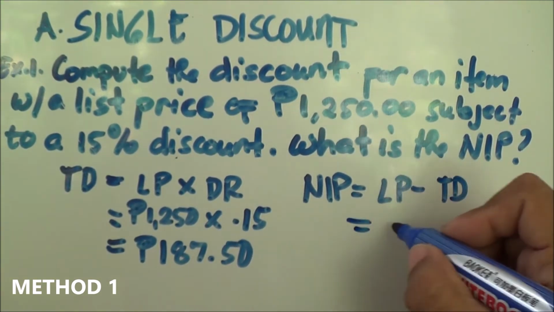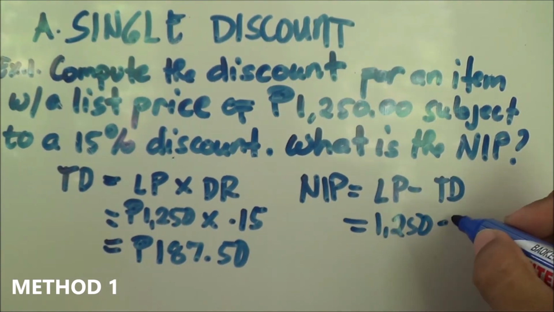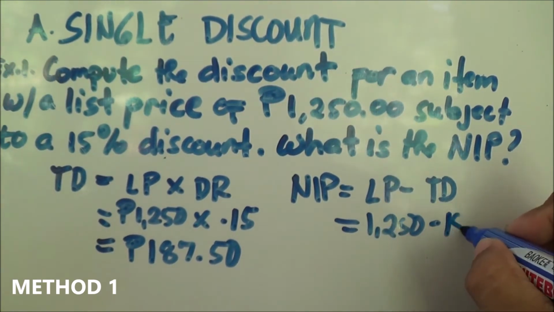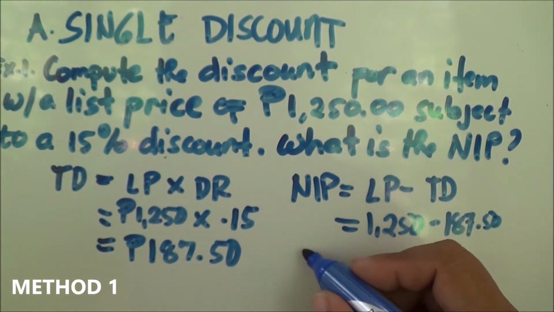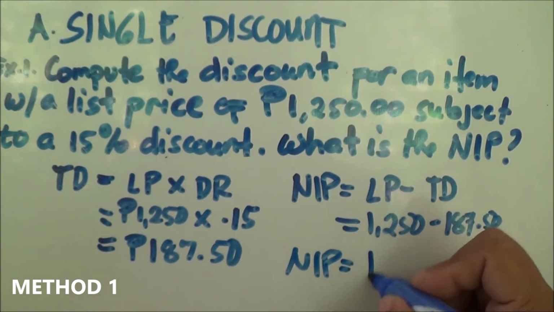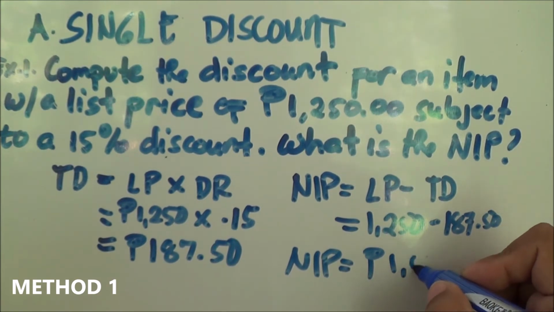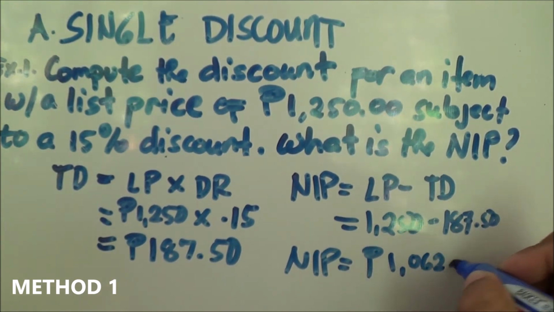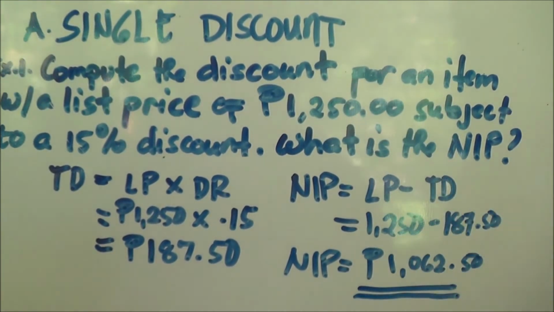Our list price is 1,250 and the discount is 187 pesos and 50 centavos. So the net invoice price is 1,062 pesos and 50 centavos.